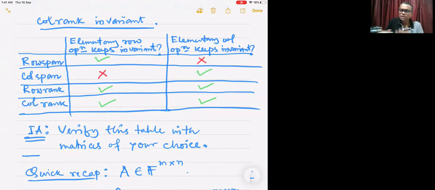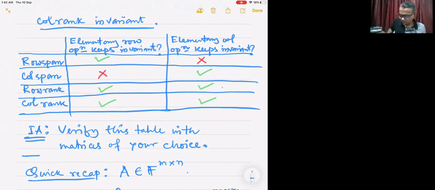And likewise, column operations will in general change the row span, but the dimension of the row span will not change. Therefore, row rank will remain invariant. The column span itself will remain invariant, so of course the column rank will also remain invariant.